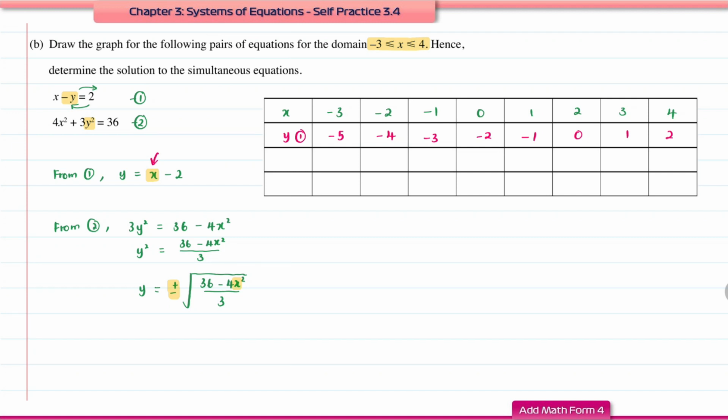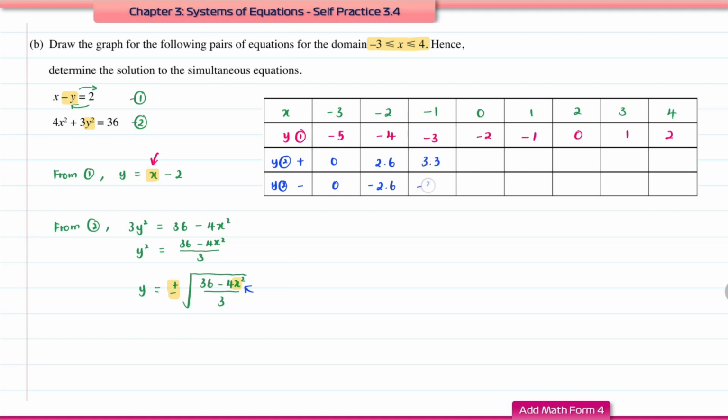And for the coordinate y for equation number 2, you're going to have one positive and another negative. So just put in negative 3 into the x for equation number 2. The first one, you're going to get 0. And for negative 2, one is positive 2.6, another is negative 2.6.